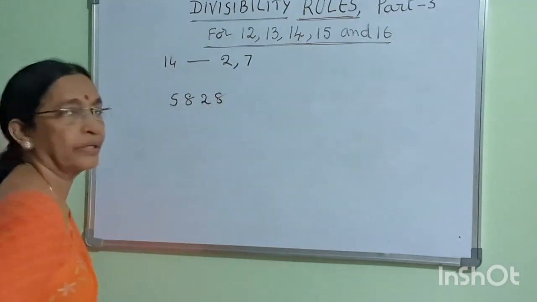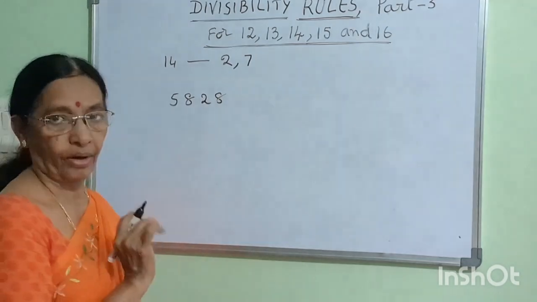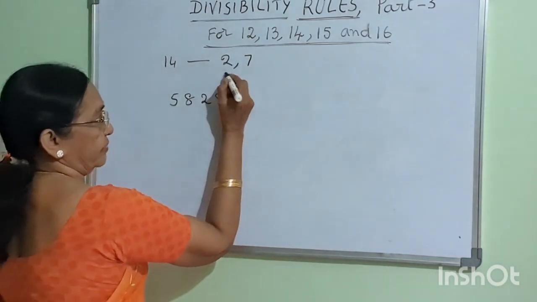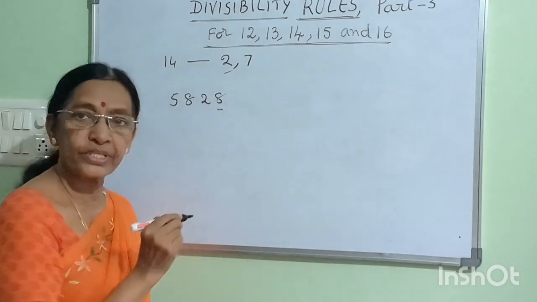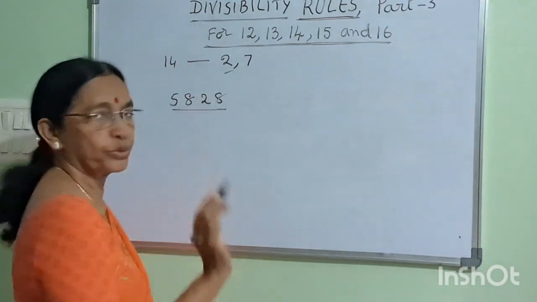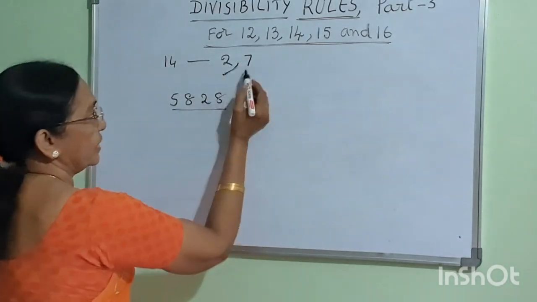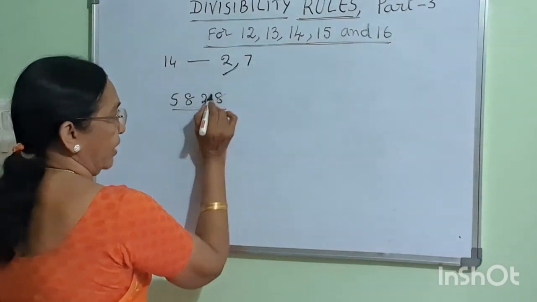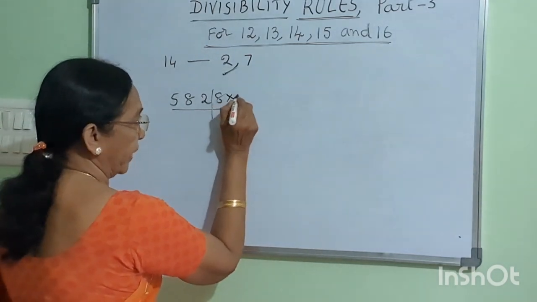5828 and test whether it is divisible by 14 or not. So, first we will test with 2. Here in the units place, it is an even number. Therefore, it is divisible by 2. To test whether it is divisible by 7, separate the unit digit and multiply it by 2.